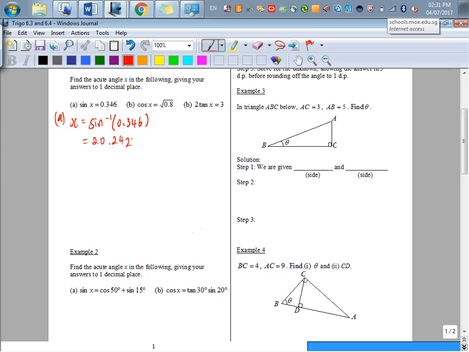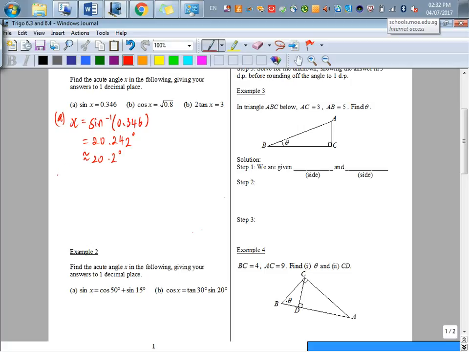What is the units? Yeah, we are finding angles over here. X is an angle. So this will be in degrees. How should I round this off? How do we round off for degrees? At 1 decimal place. This is different from previously. Previously we used 3SF, right? Now because we are finding angle, we round it off to 1 decimal place, so you get 20.2 degrees.